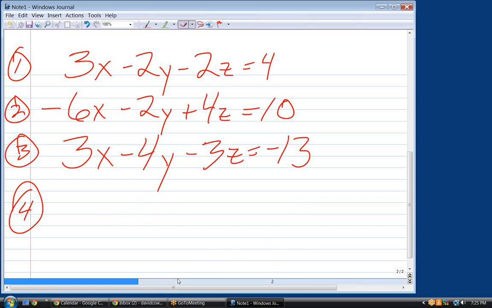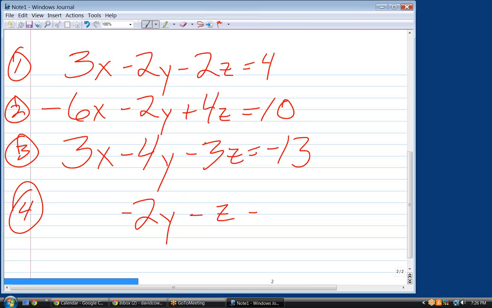So now what is equation 4? It'd be negative 2y, and then negative 1. Okay. Equals negative 17. Okay. Notice that I've gotten rid of x.